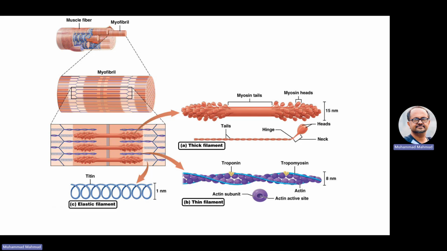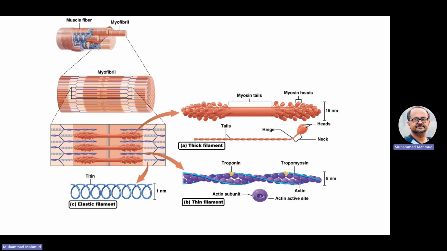Look at those myofibrils inside the myocyte. There are three types of myofilaments: thick, thin, and those are the elastic filaments. Starting with the thick one, the red color on the right side, it is thick filament, also known as myosin.